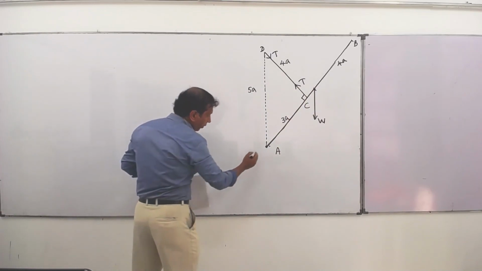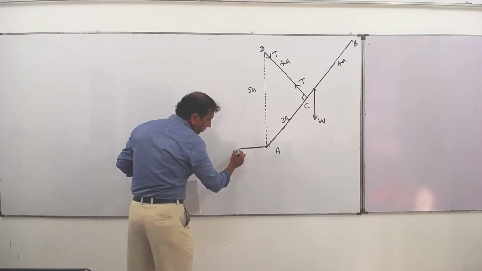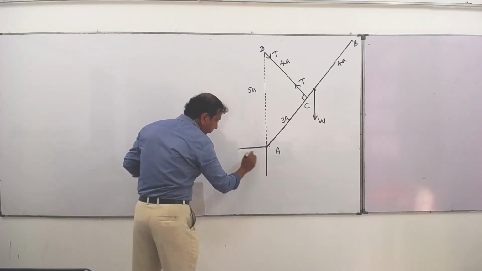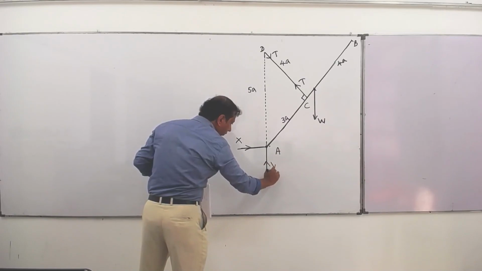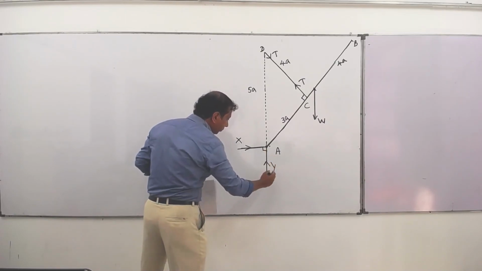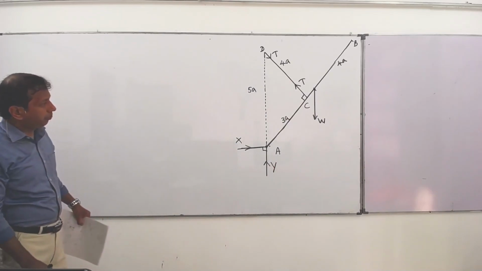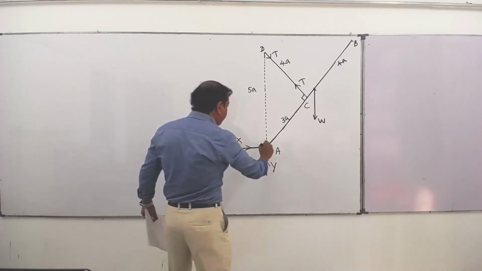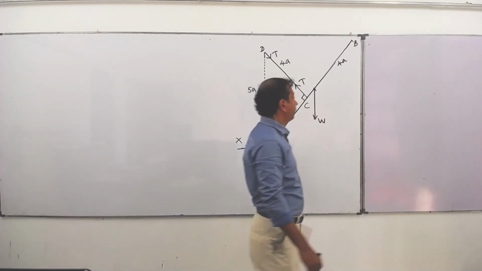Now, the reaction I can write in two components. Rightward X, upwards Y. Here 90. Right. Let us take this angle as theta. Then sine and cos you can write.